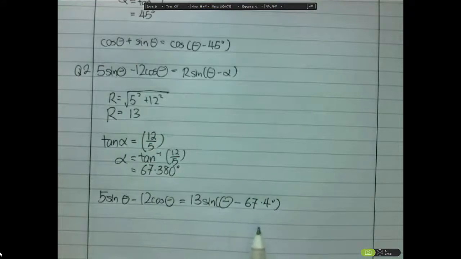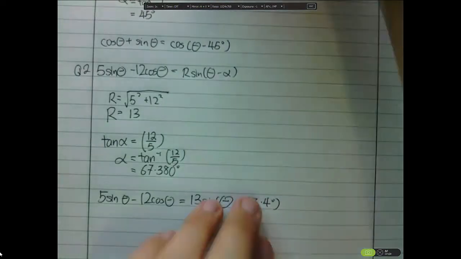But in this case, this is the final answer. That's why I rounded it off to 1 dp, since it is a question in angles. But as I say, truncated answer is required sometimes for solving. We will see it in a later question. Now we will do question 5.